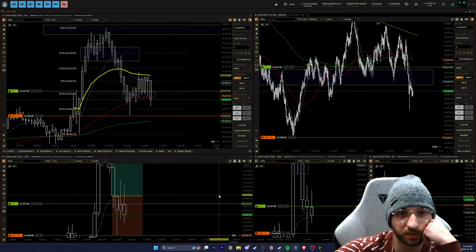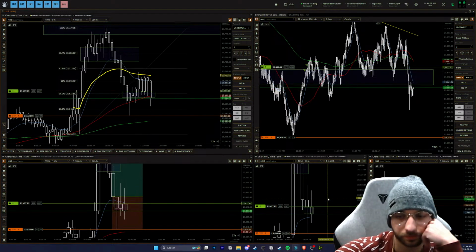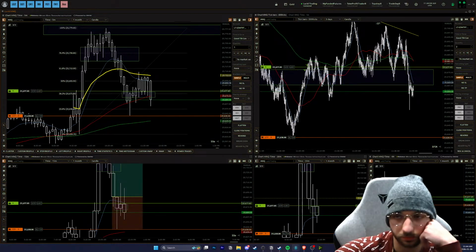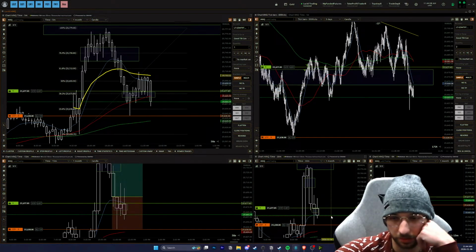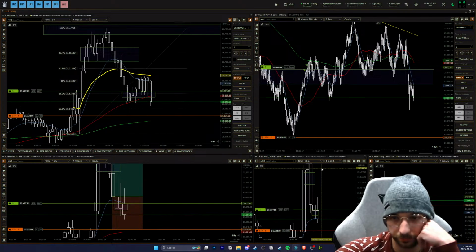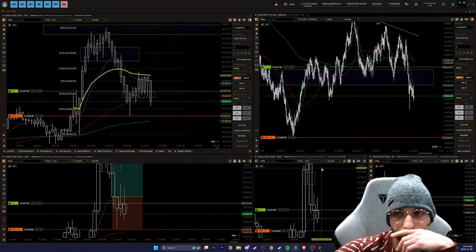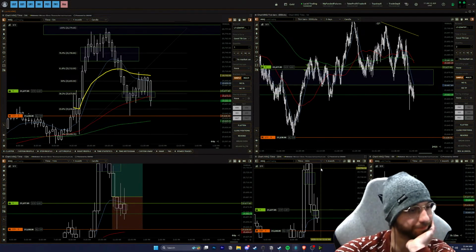A minute left to this 15-minute candle. We're back up to the 9 EMA on the 30-minute. Let's see what we do here.